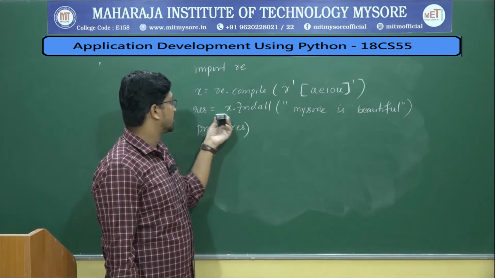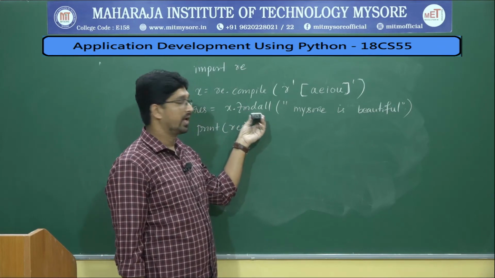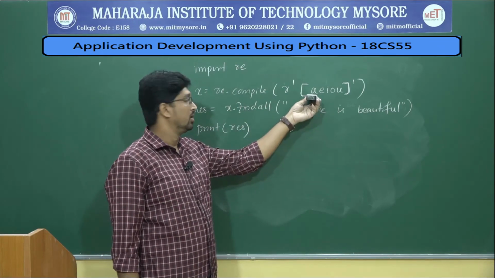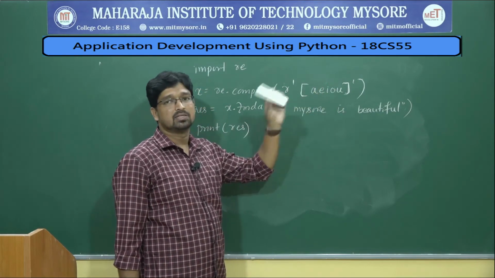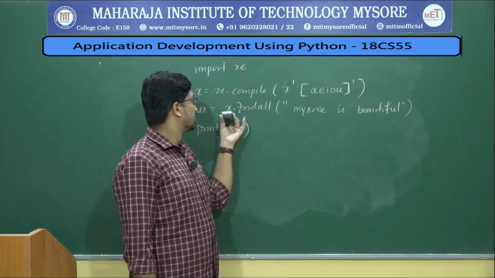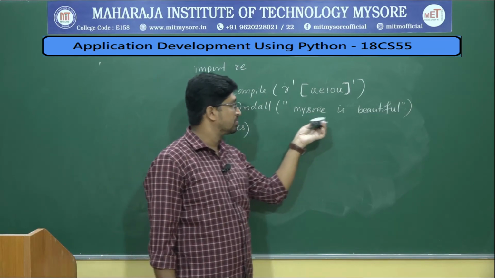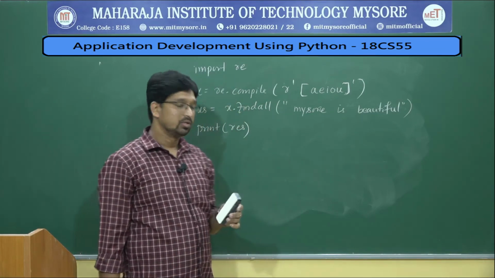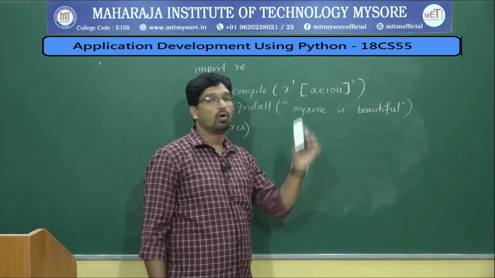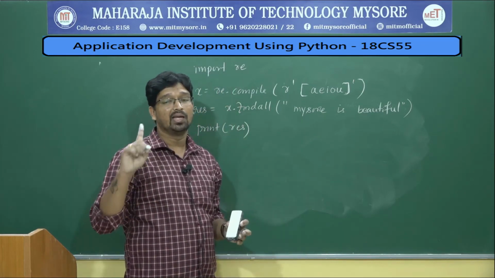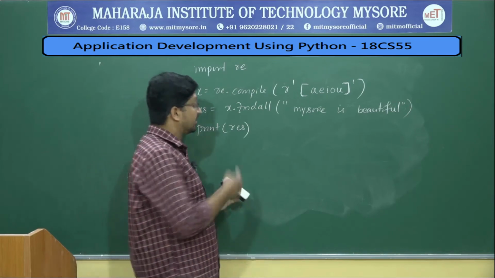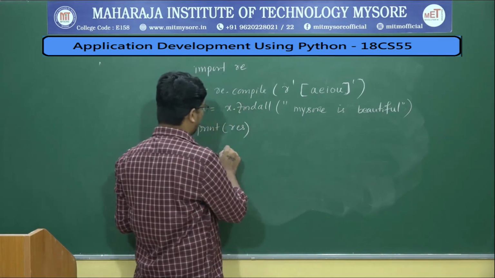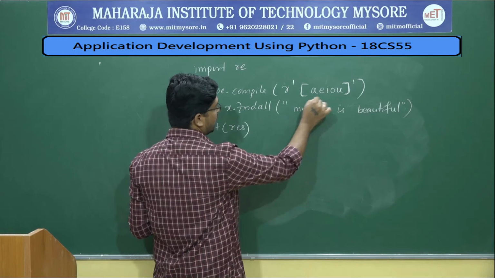Then I am writing res is equal to x dot find all. Again the substring is this, out of 5 characters, any one character. So x dot find all, the input is Mysore is beautiful. In Mysore is beautiful, I wanted to extract only AEIOU characters. Then what is the output?